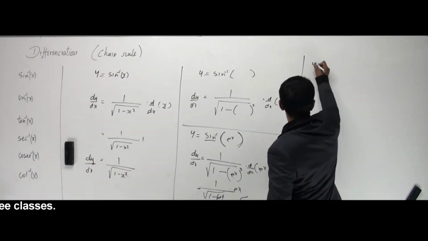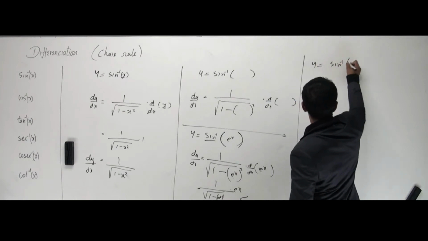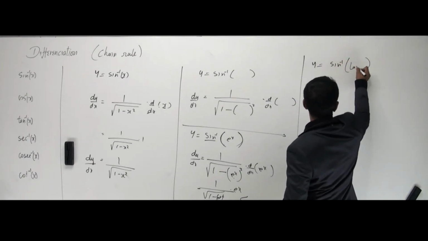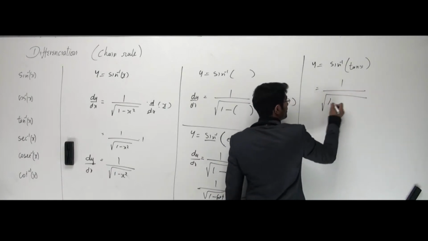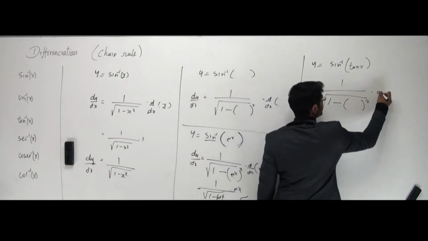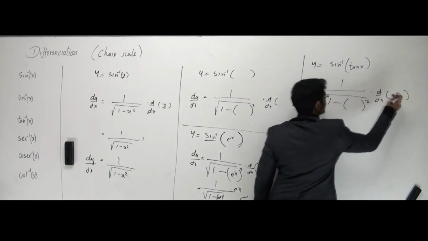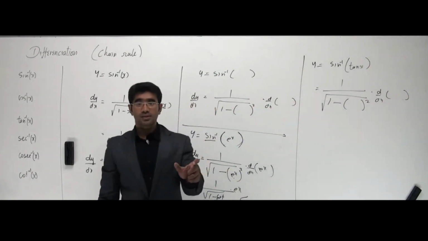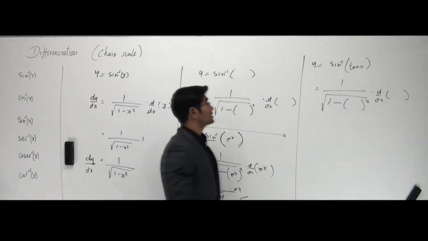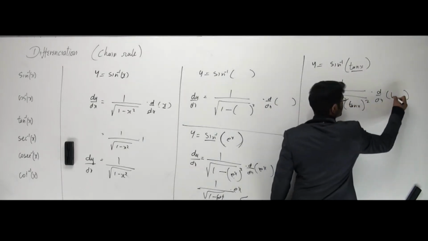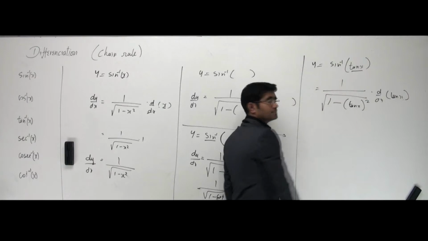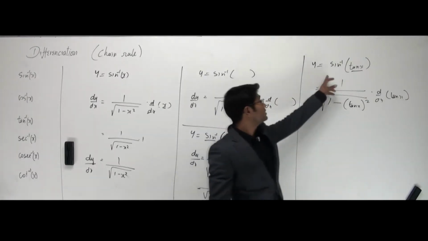Let's do another problem. If I have y is equal to sine inverse of, let's say, tan x. Then it is 1 by root of 1 minus something squared into d by dx of something. What is that something? It is the function inside the inverse function. So the tan x comes here, and the tan x comes here. Don't write only x squared here. You're not differentiating sine inverse of x.